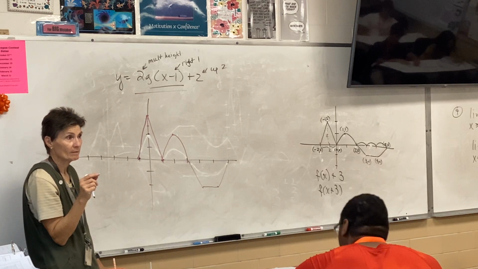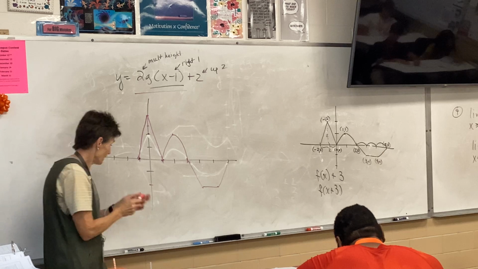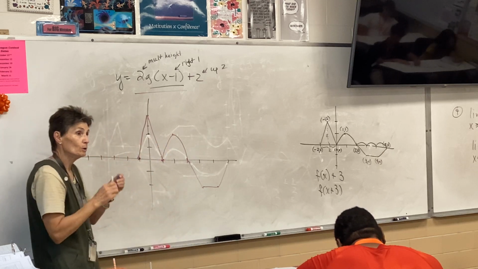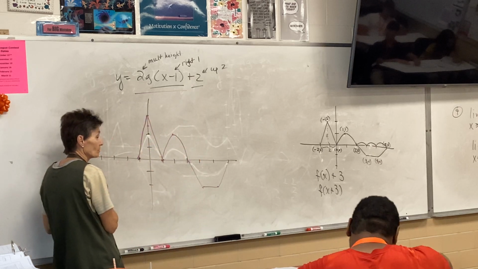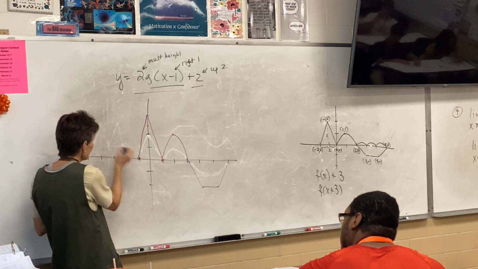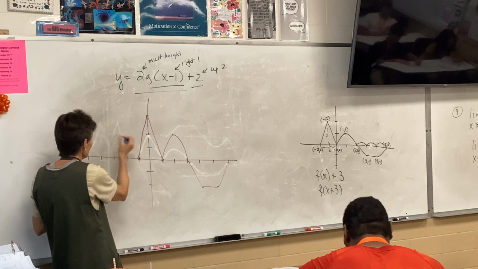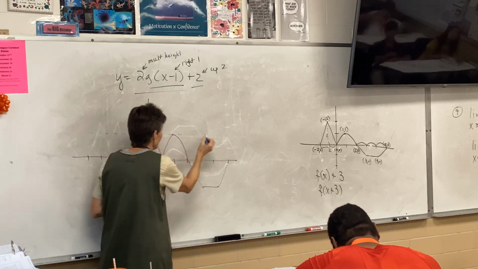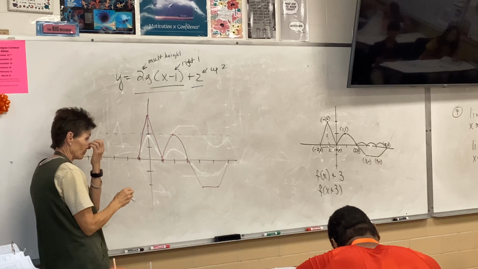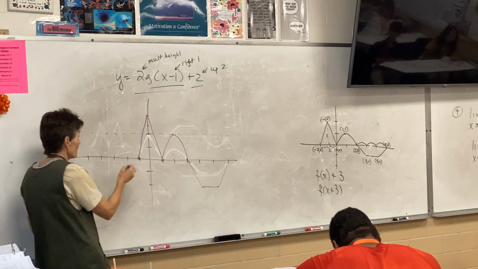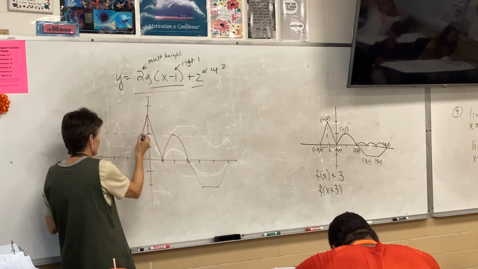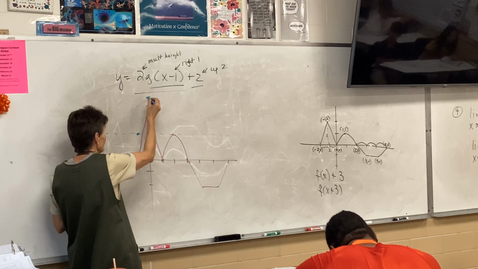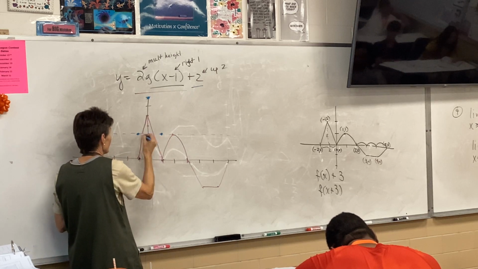Are you still with me? Okay. Now I'm going to take my blue marker and I'm going to move everything up 2. So this is going to be like my new axis. So my triangle is going to start here, up 2, up 2, up 2.